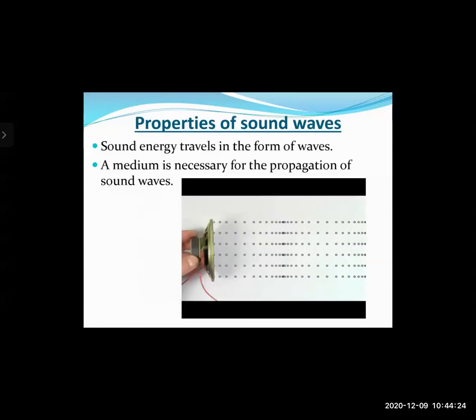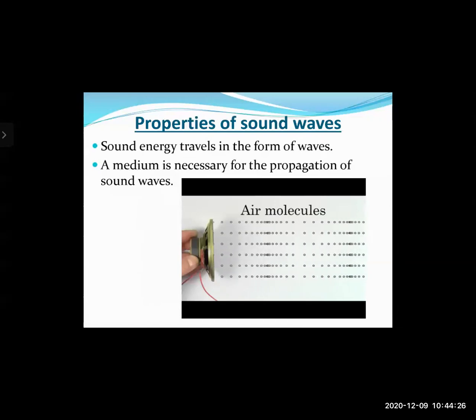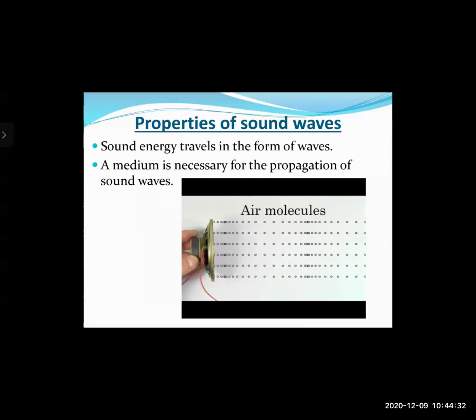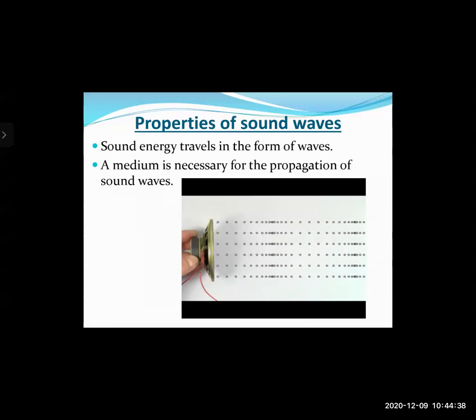Now we are going to see the properties of sound waves. As I've told you, sound energy travels in the form of waves. These waves are generated by the source of the sound, which can be a loudspeaker, or when you are speaking, the vocal cords within your throat.